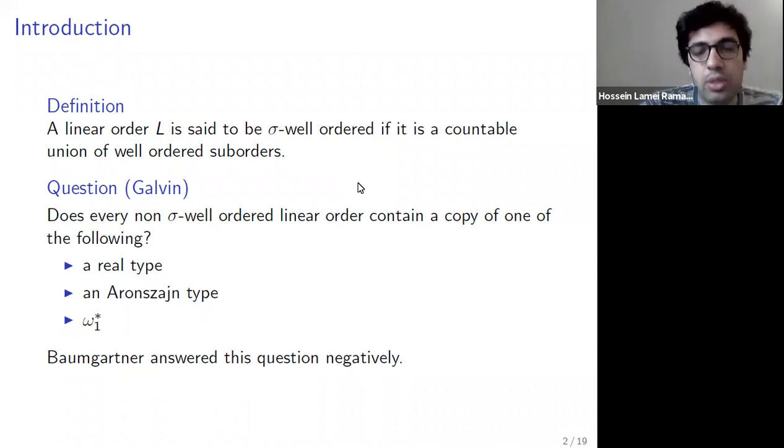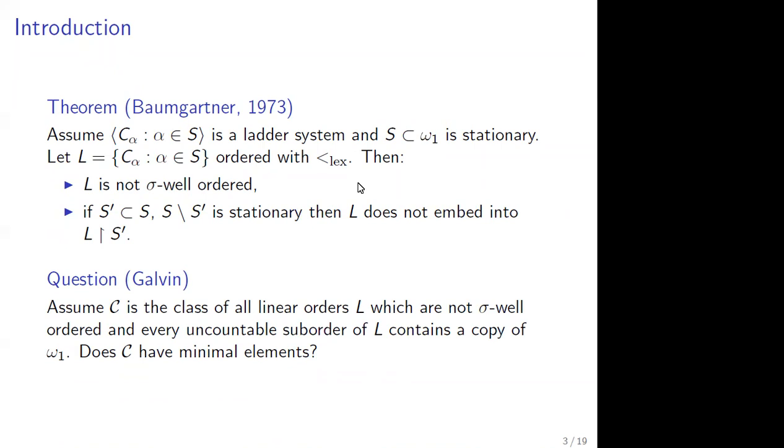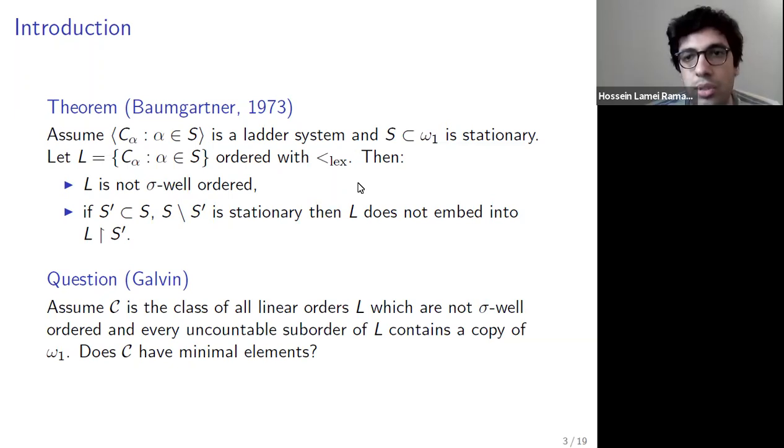In fact, he found this example in ZFC: if we take a stationary subset of omega 1 of limit ordinals, take a ladder system indexed by the ordinals in the stationary set, and put the lexicographic order on it, then the resulting linear order has the property that every uncountable subset contains a copy of omega 1.